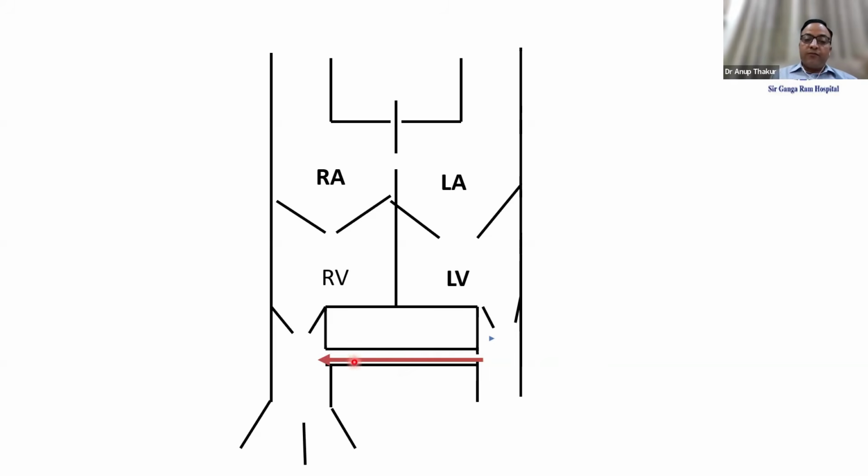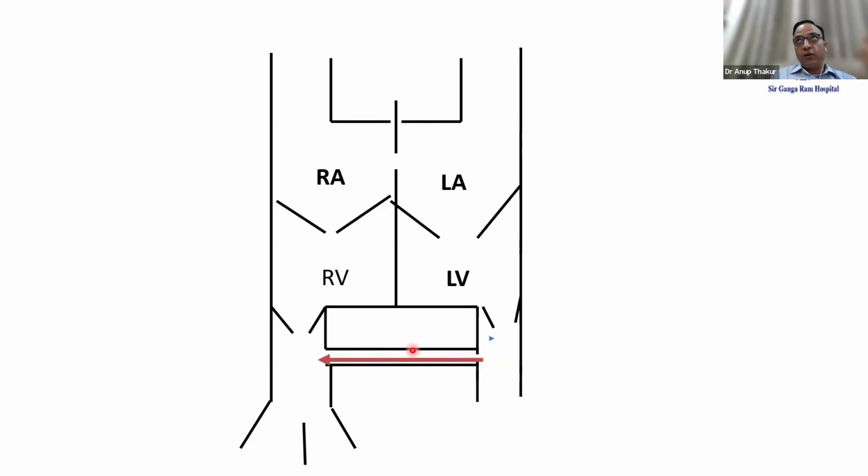Then in the duct itself, you can measure the velocity. When the duct is small, the velocity is high. So a high velocity duct is more likely to be a closing duct, a restrictive duct. Whereas when the duct is large, the velocity is low. A low velocity duct is again more likely to be hemodynamically significant.